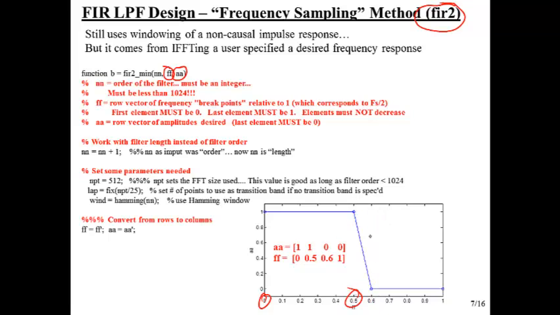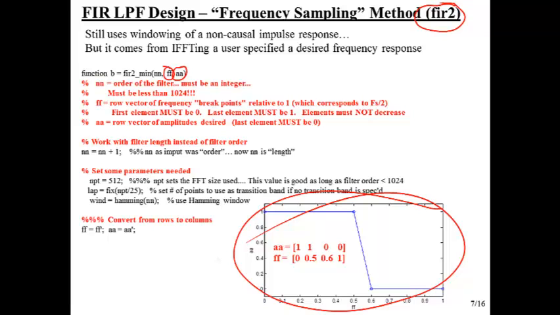So we specify this to Matlab, and it creates this kind of function inside, and then effectively takes the inverse FFT of that. Before it does that, it has to populate this with a bunch of points. So it'll fill in a bunch of points through here, through here, and through here.